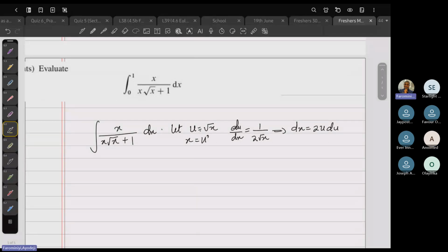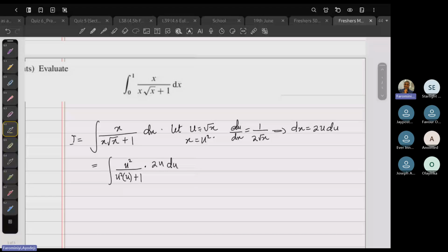So we can now rewrite the expression. The integrand will now become u squared over u squared times u plus 1, times 2u du. I hope people are following along.